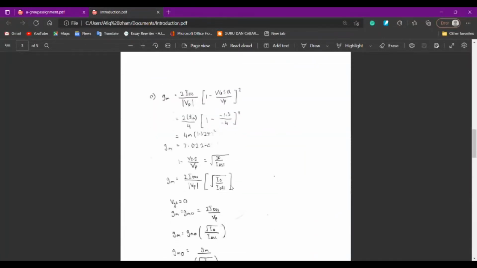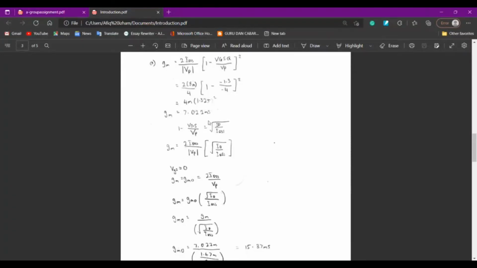So this is the calculation. This is the formula to find GM, which is 2IDSS over VP times 1 minus VGSQ over VP, squared. We just need to input the value inside the formula to get the answer for GM. When VGS equal to 0, GM is equal to GM0 equal to 2IDSS over VP.